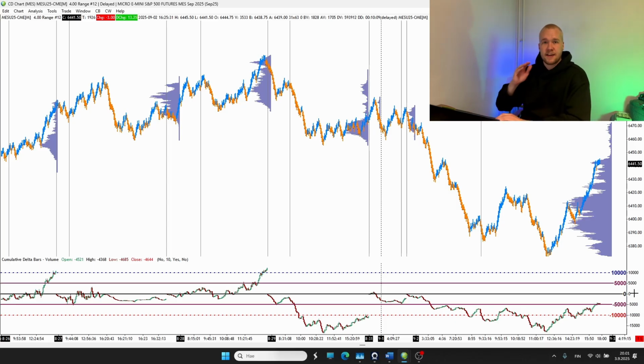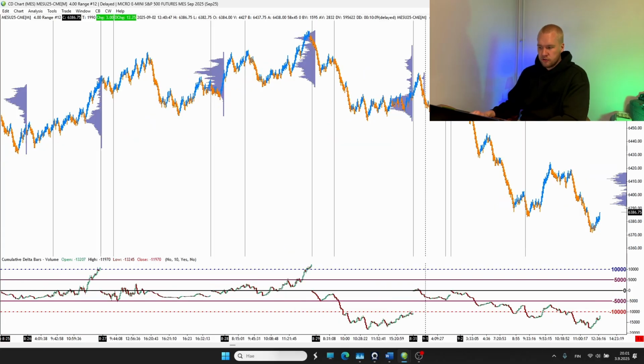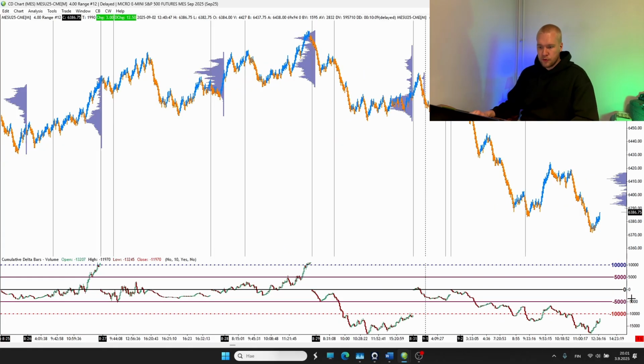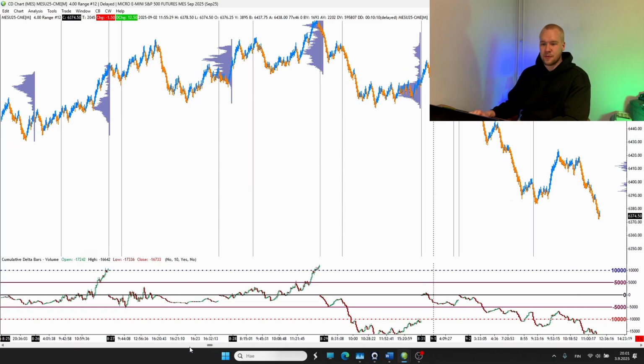So it is never going to be above 5,000 where you see the delta divergence. You're not going to see a delta divergence of 5,000 contracts. Those are quite rare. Again, I've only seen a few of those ever. So if you want to pause the screen and try to look for delta divergences, I'll be waiting for your comments.